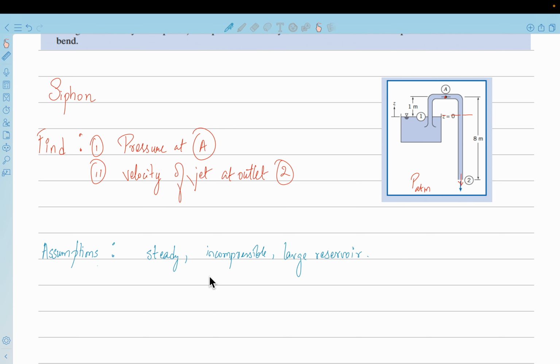Yeah, so now can we apply Bernoulli's equation? We will write the equation.